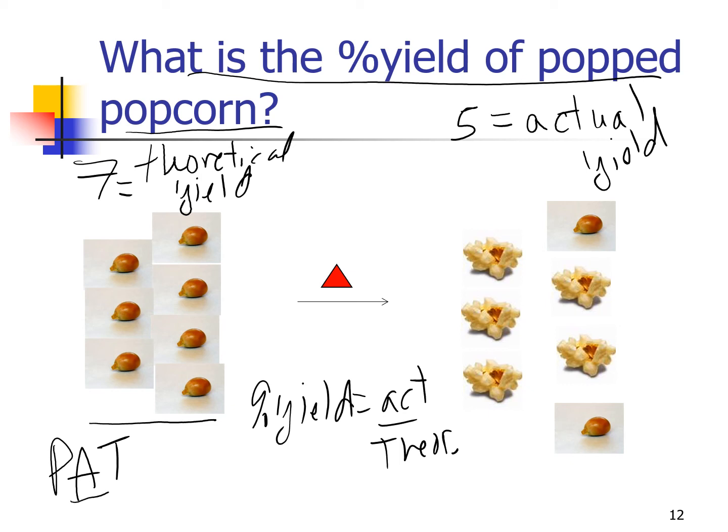They remember PAT: P is the percent, A is the actual, and that comes first, so that's the one at the top, and then theoretical is at the bottom. So our percent yield would be 5 divided by 7. To make it a percent, we multiply by 100. So I end up coming up with 71% yield for my popcorn.